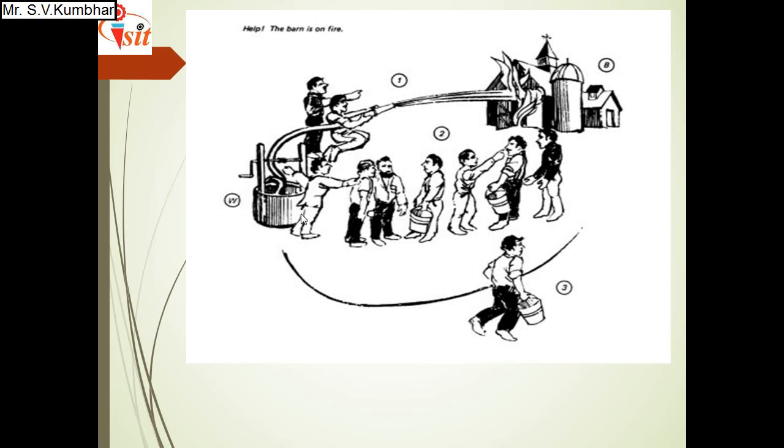With the help of the pump, water is pumped and directly forced towards the fire. In the second example, there is a queue of men in which every man has a bucket, and the water is splashed with the help of the buckets. In the third one, the man is moving towards the fire with the water.